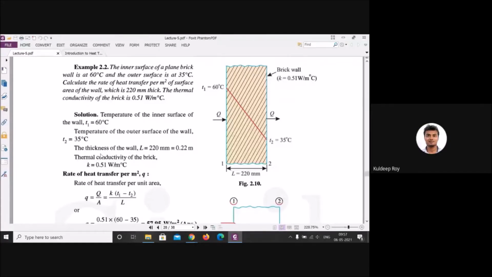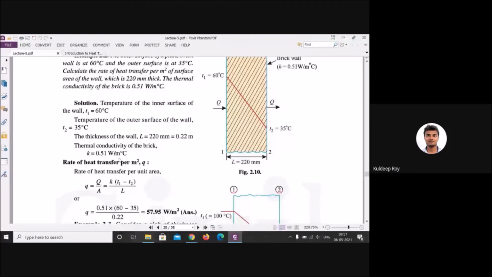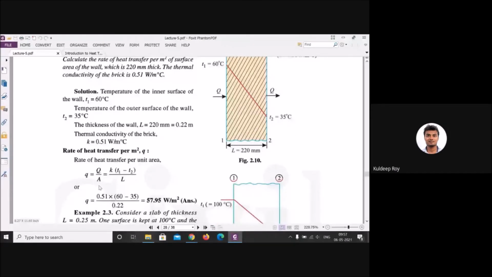Yes, but how will it be minus? Directly apply Q by A equal to, everything is known to you, T1 minus T2, 57.95 something. Just multiply the thermal conductivity by the temperature difference and divide by L.